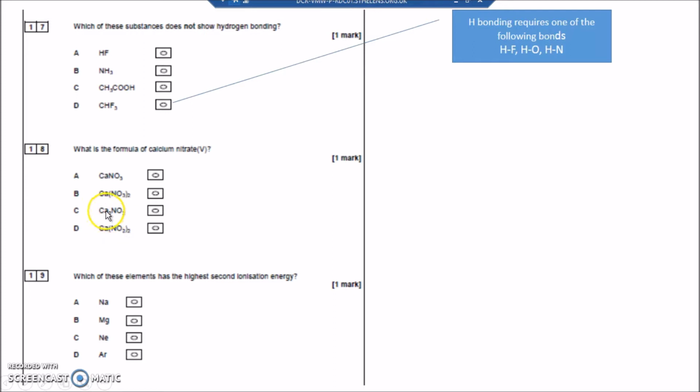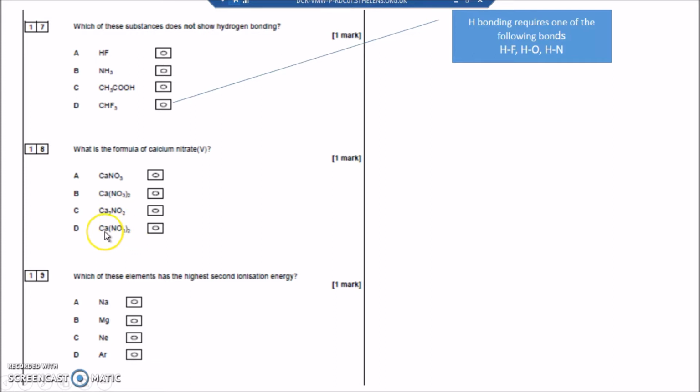Let's check this out then. Calcium, 2 of them, each in 2+ oxidation state, they're in +4. The oxygen is in -2, so that nitrogen is in oxidation state 0 in actual fact. Calcium NO2 twice.